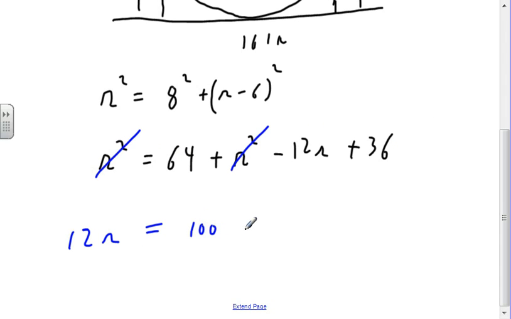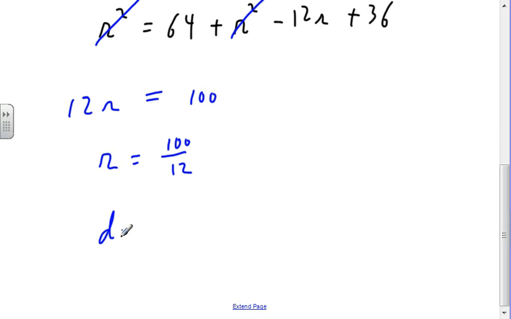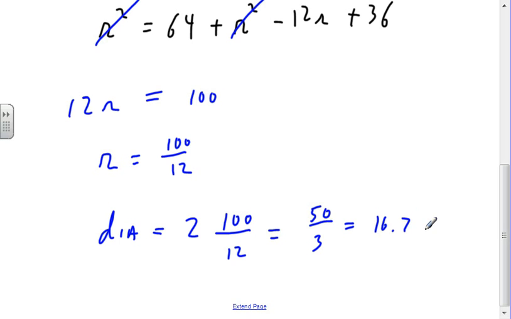Is that what it is? 100? And then r could equal 100 divided by 12. And then we want the diameter, so the diameter is going to be 2 times 100 divided by 12, which would be 50 over 3. Would it not? Yeah. So we'll put 50 divided by 3 in our calculator, 16.6 repeating. So we'll call it 16.7 inches.